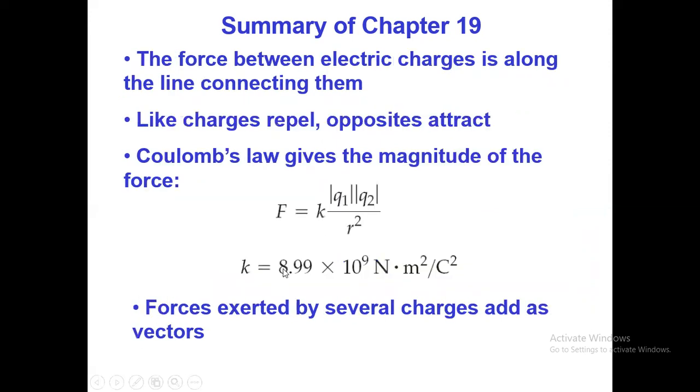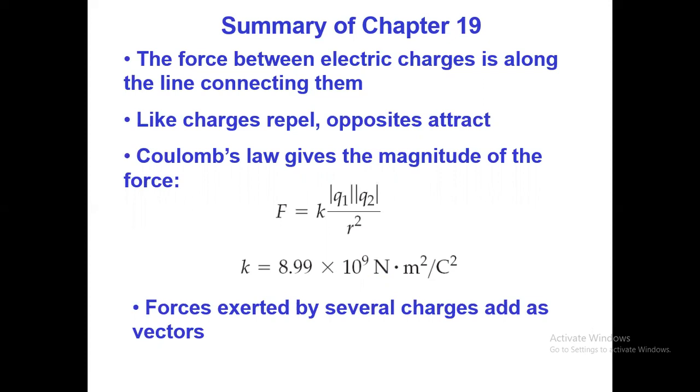Another concept that we studied is the force of electrostatic charges: like charges repel, opposite charges attract. Coulomb's law gives the magnitude of forces, and the formula is F = KQ1Q2 upon R square.